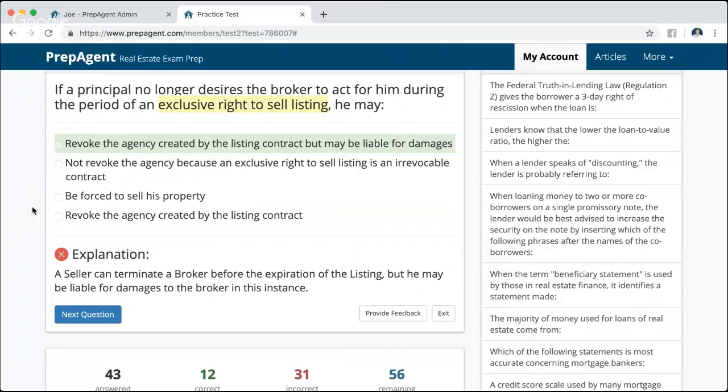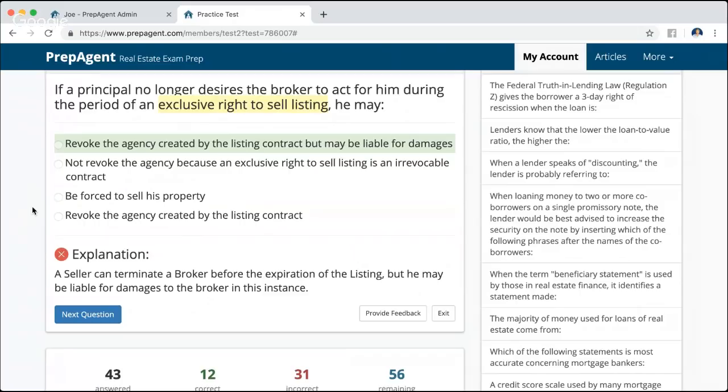What is an exclusive listing? It means there's only one broker. What is the difference between exclusive agency and exclusive right to sell? There are two types of exclusive listings.